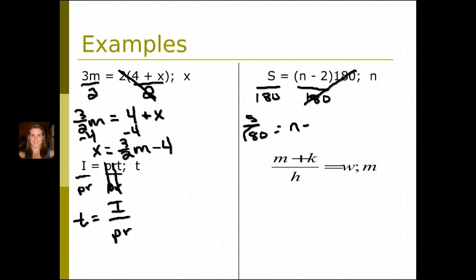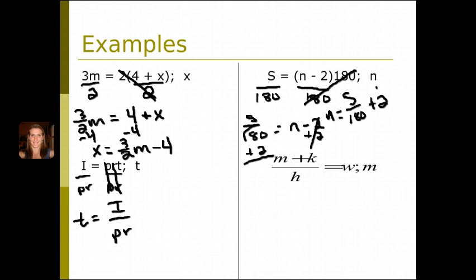I need to add 2 to both sides. So my final answer, I'm going to try to squeeze this in, should be n equals s over 180 plus 2. Circle that so you can kind of try to see it.